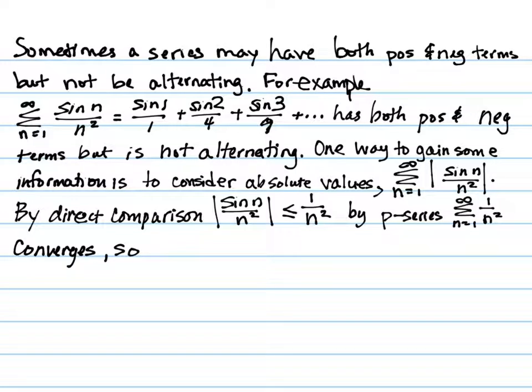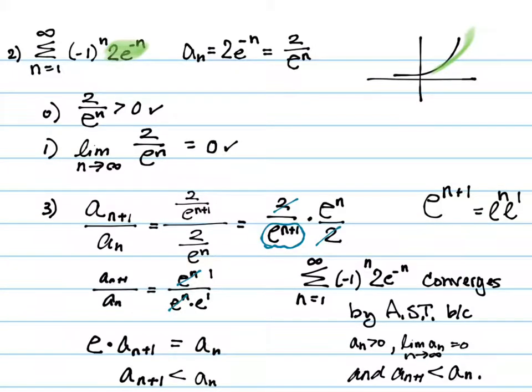So the summation from n equal 1 to infinity of the absolute value of sine of n over n squared also converges. Now, that doesn't exactly tell us what happens if we don't have the absolute values, but it has a related feel to it that we can get some information from. And in particular, it leads us to talking about something called absolute convergence.